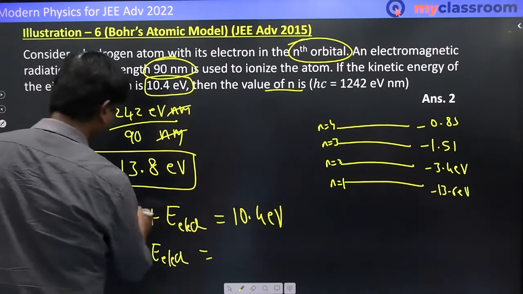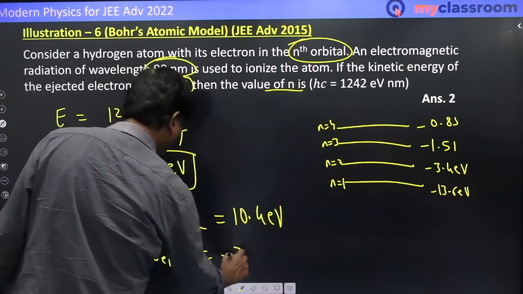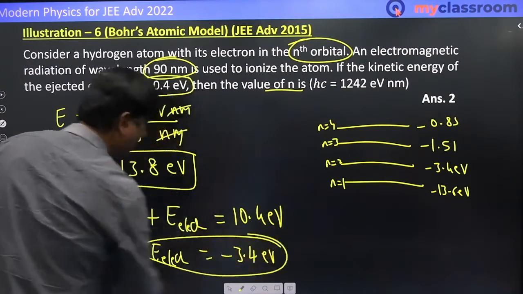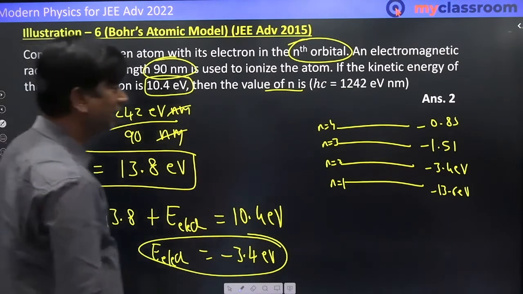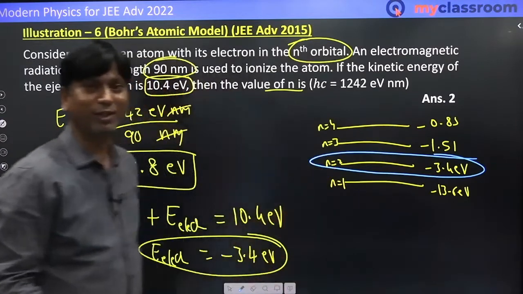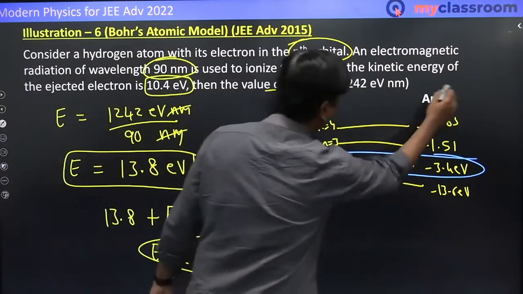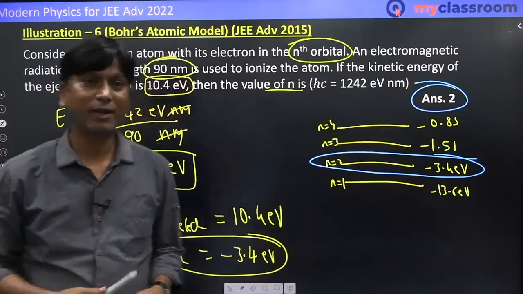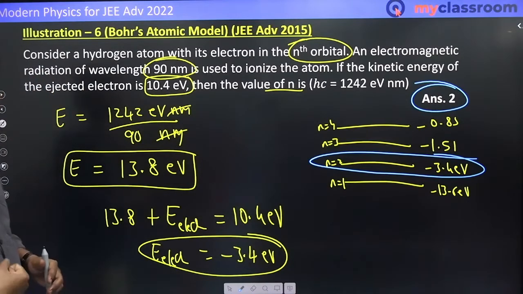It is 10.4 minus 13.8, which is minus 3.4 electron volts. Clearly, minus 3.4 electron volts means which state is it? n is equal to 2. Then only it will have that. So the answer is n equals 2, right or not?